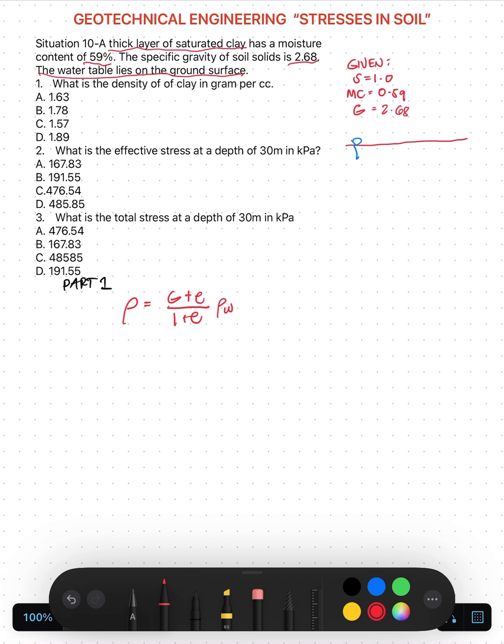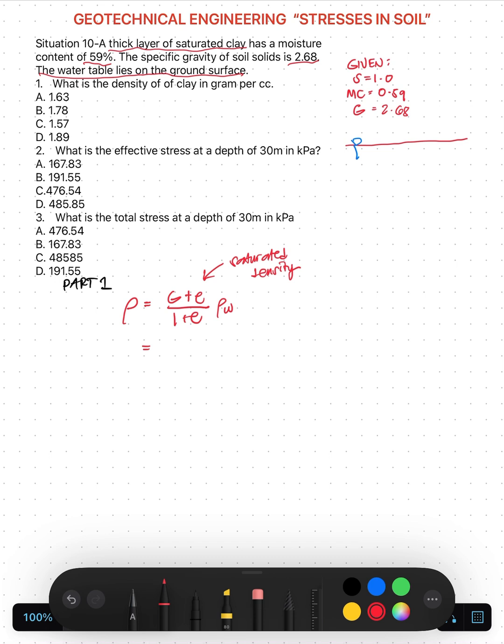This is the saturated density since our soil is saturated. Okay, so we have the G, we don't have e.